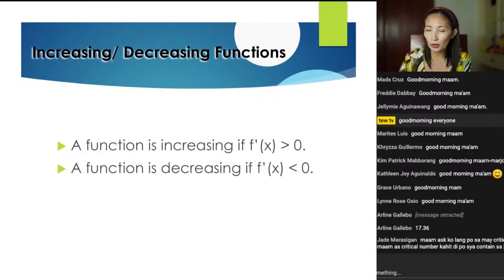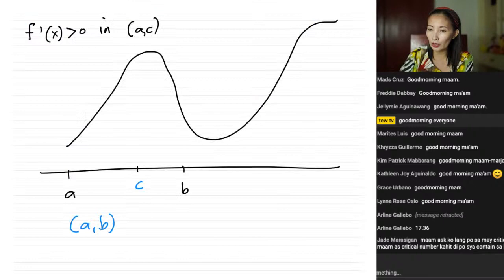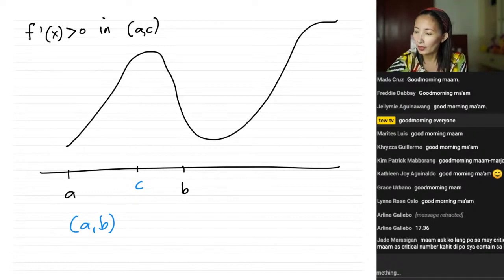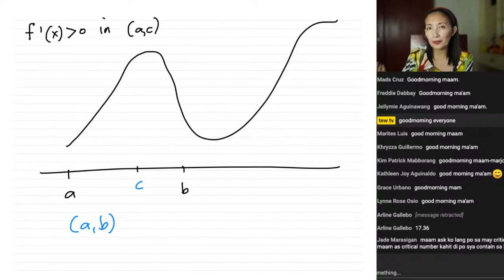Once more, going back, we said a function is increasing if f prime of x is greater than 0, and it is decreasing if f prime of x is less than 0. Now, let's look into the illustration. Any other question before we proceed? Once more, f prime of x, its geometric meaning, is the slope of the tangent line.